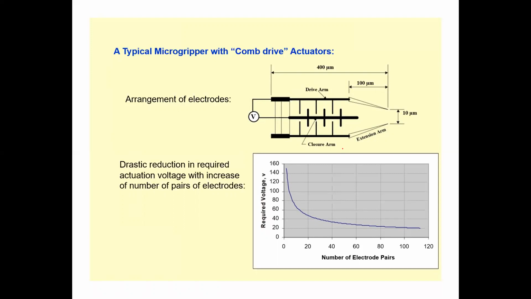As I already said, the comb drives or the capacitive mechanisms or electrostatic mechanisms can be utilized for both actuation as well as sensing, right? So comb drive is a very interesting actuator. Interesting in terms that it can be used as an actuator, and at the same time as a sensor as well.